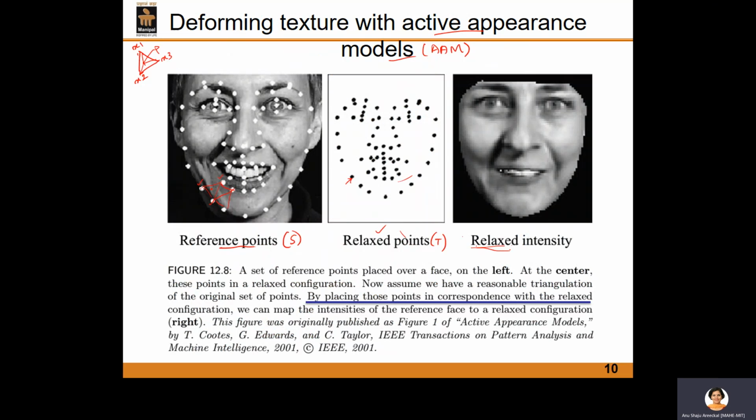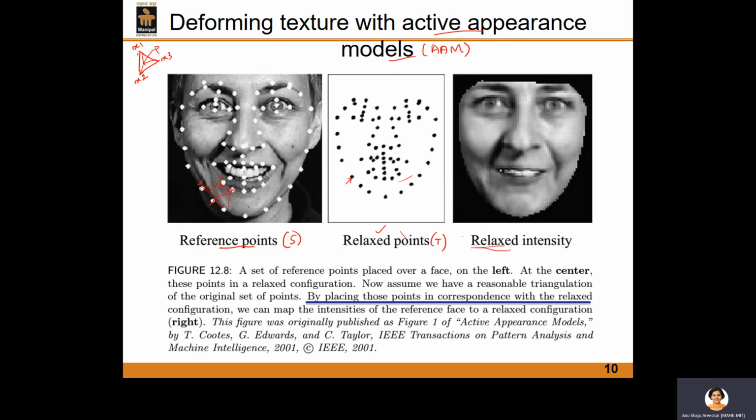We were discussing this figure, right? So these relaxed points are the landmarks that you have. Given this reference image along with these landmark points, the target image we want is basically a person who is not smiling. So for this, we have a set of points which are called the relaxed points, as we see in this figure. This relaxed set, or basically the target set, is the reference for which the person is not smiling.